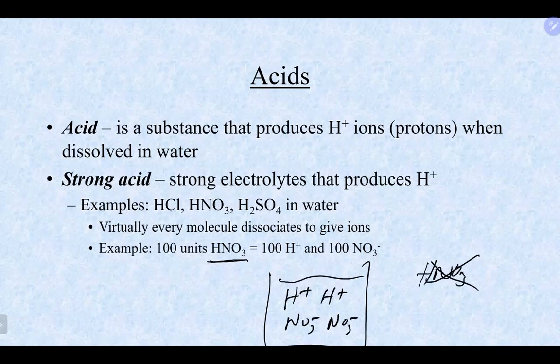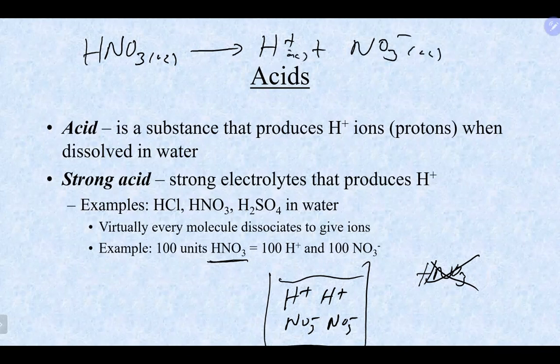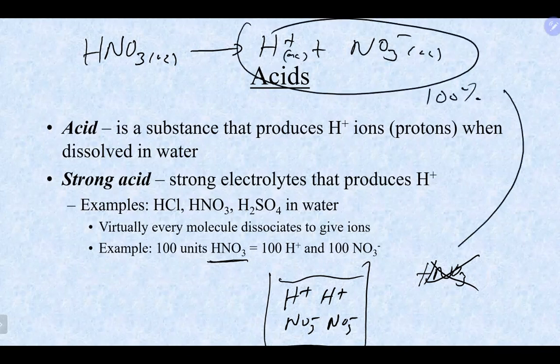It will really 100% break apart. It is like a strong electrolyte, a one-way street, where it all goes out to the product side. And that is basically what you have in solution.